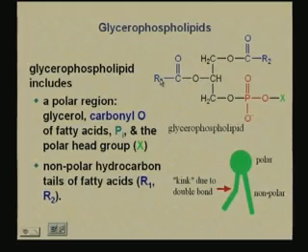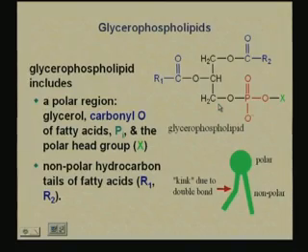So, obviously, we can change the type of fatty acid that we have. As soon as I change the type of fatty acid, the type of lipid is going to change. Then, I have an esterification on the third carbon atom with phosphate and I have a polar head group here, which we will see how that affects it. So, what do I have? Where is my polar head group? It is here. Here are all the oxygens and the phosphates and so on and so forth.